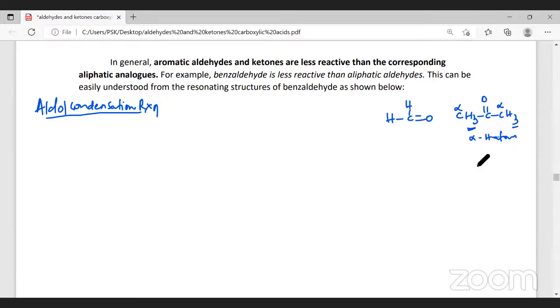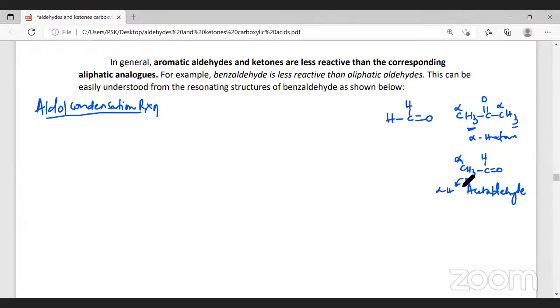Now this is acetone. If I take another example, CH3, CH double bond O, this is acetaldehyde. This acetaldehyde also contains an alpha carbon atom, the carbon bonded to the functional group. This alpha carbon atom contains hydrogen, therefore these are called alpha hydrogen.